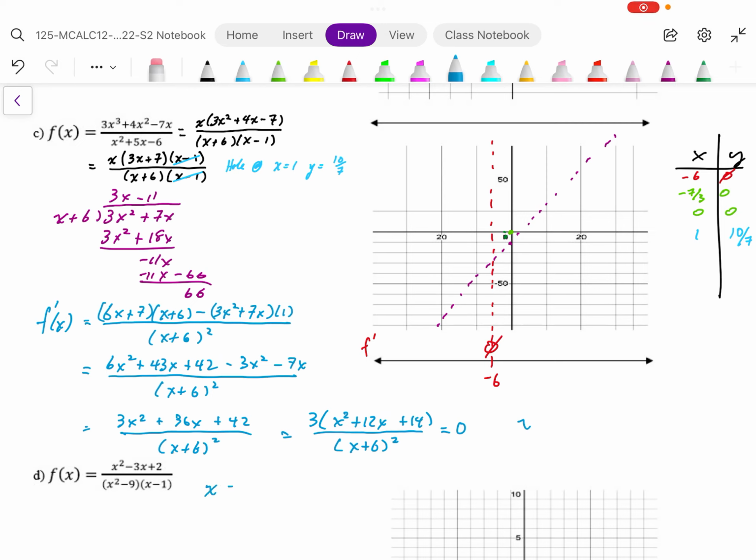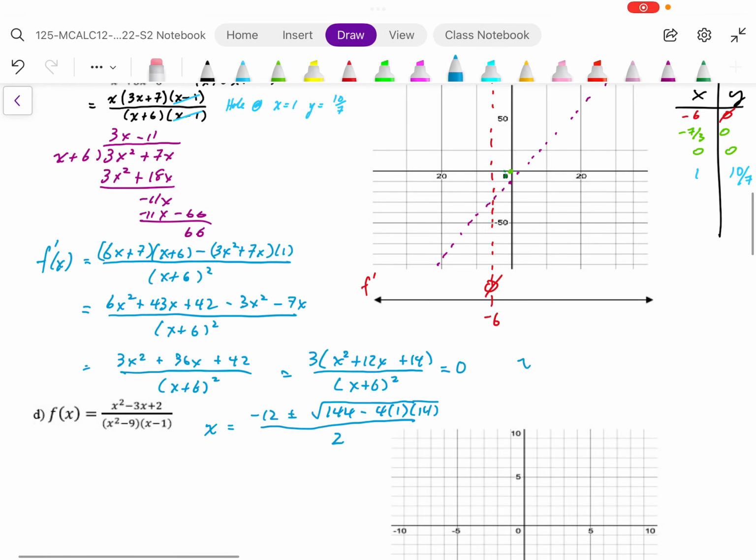So I'm going to do that down here. x is equal to negative 12 plus or minus the square root of 12 squared minus 4 times a times c, all over 2a, which is just 2. Simplifying this, I get negative 12 plus or minus the square root of 88 over 2. This works out to be negative 6 plus or minus root 22.